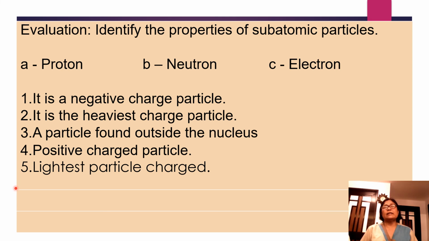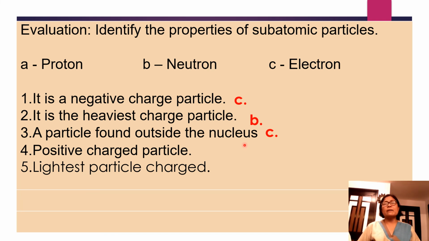And the answer is letter C. Number 2, it is the heaviest particle. So what is the answer? The answer is letter B. Very good. Number 3, a particle found inside the nucleus, and the answer is letter C.